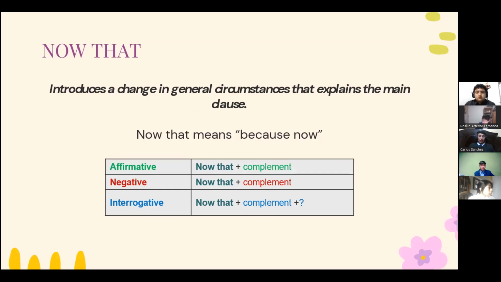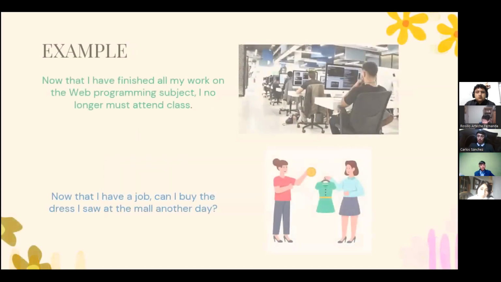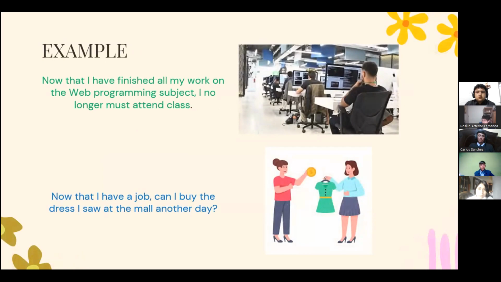And interrogative, now that plus complement plus question mark. Some examples of this clause are: now that I have finished all my work on the web programming subject, I no longer must attend class. And the next example is: now that I have a job, can I buy the dress I saw at the mall another day?